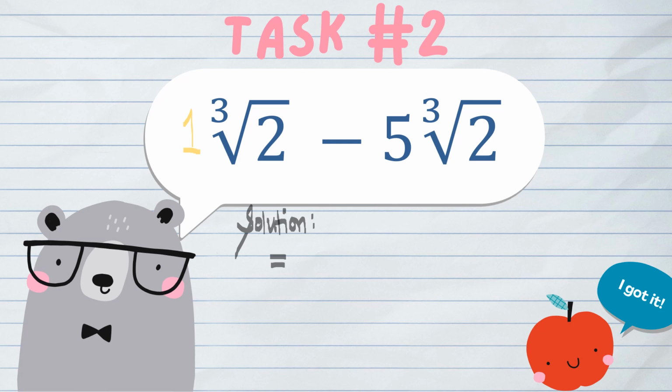If there's no coefficient outside the radical sign, that automatically means 1. Then we have 1 minus the coefficient of our second radical, which is 5, and simply copy square root of 2. So we have negative 4 and then square root of 2. That means our final answer is this one. So, as easy as that.